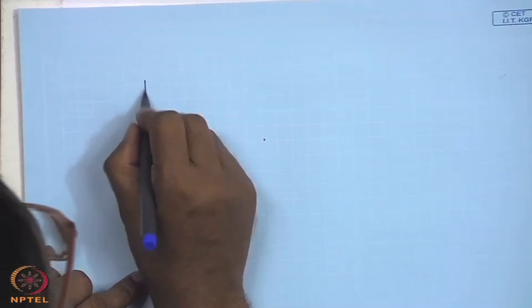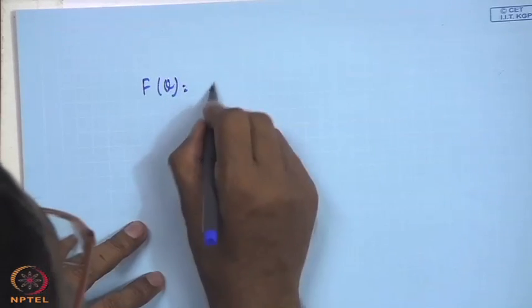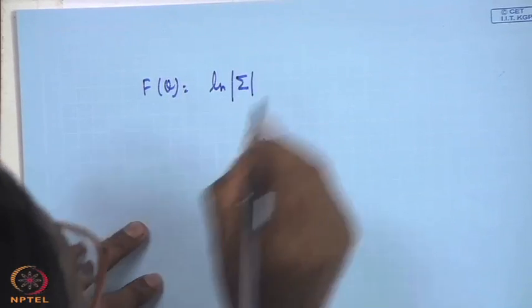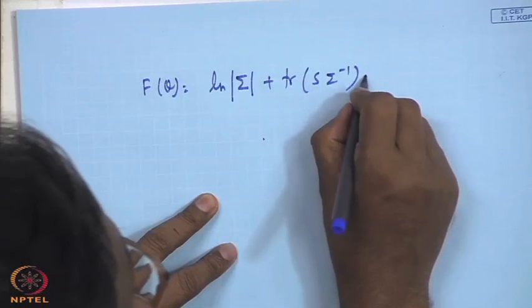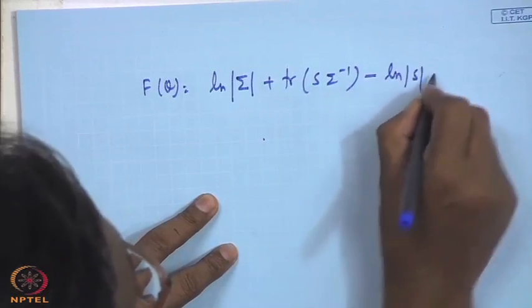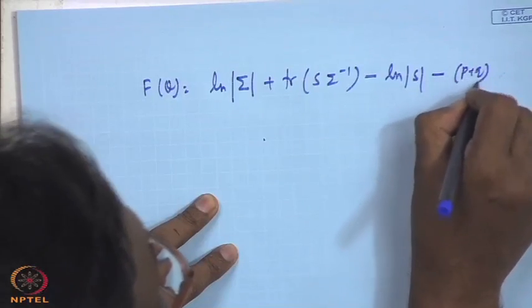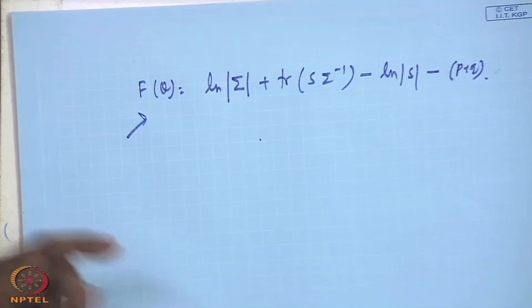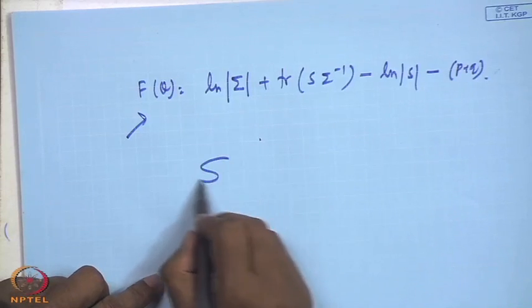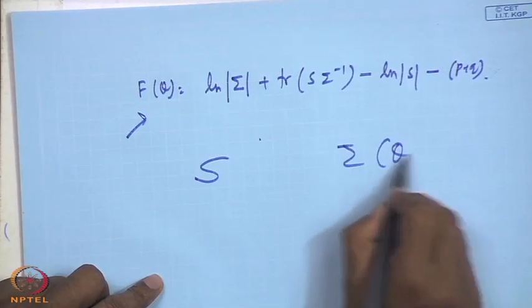Now, your F theta will become again in the same manner: log of sigma theta plus trace of S sigma theta inverse minus log of S minus p plus q. This is the function you are going to minimize. You have S at one end and sigma theta at the other.